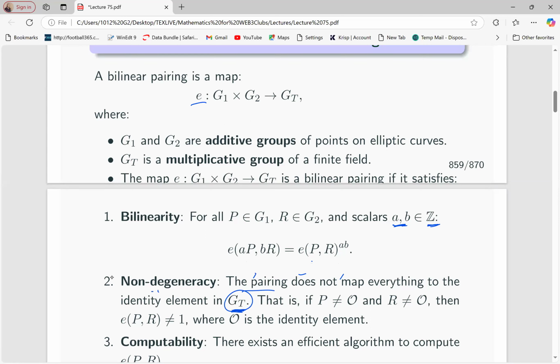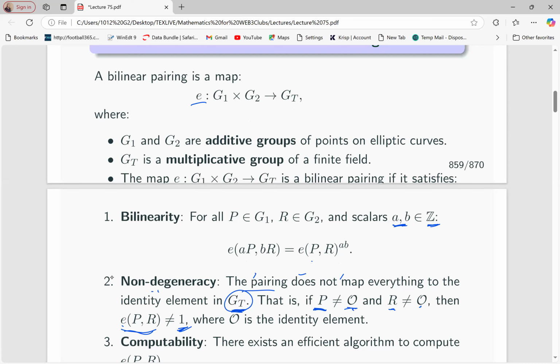For instance, if the point P is not the identity, and if the point R is not the identity, then this map would not map this to the identity 1.